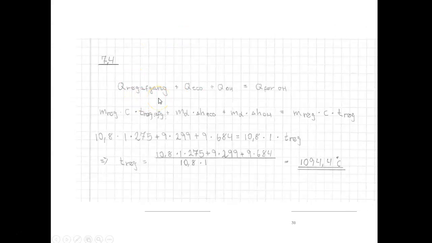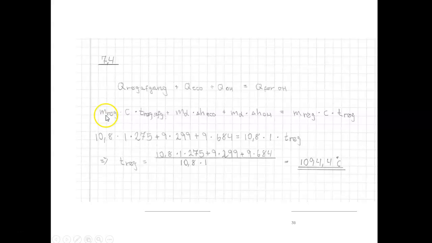So we go back to calculate what our energy is just before our superheater. Well, that's the energy in our smoke plus the energy in our economizer plus the energy in our superheater.